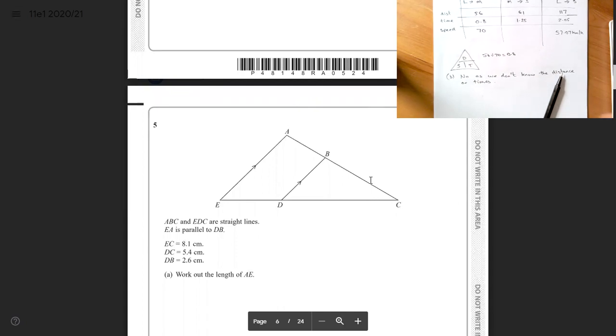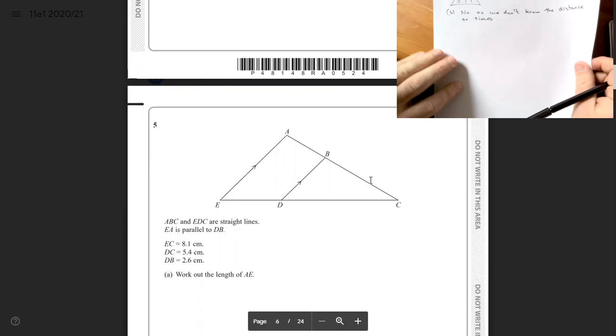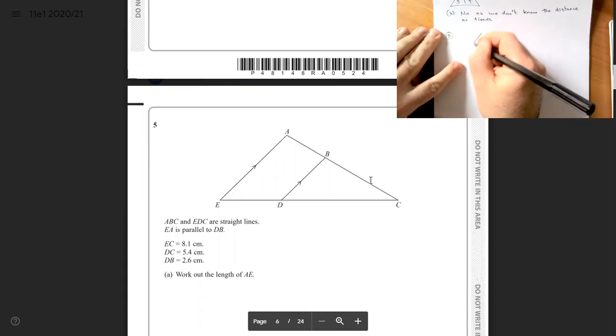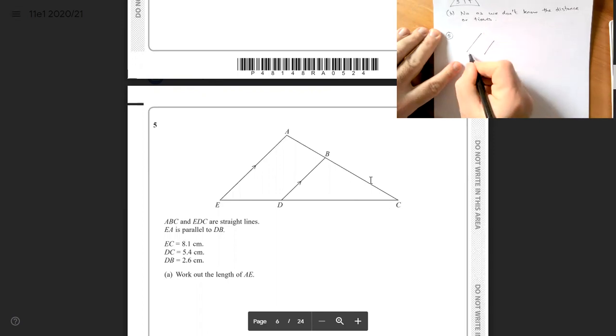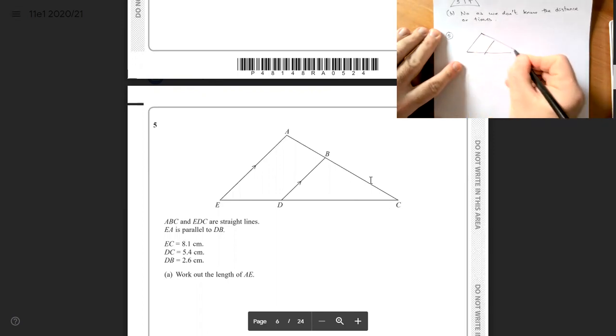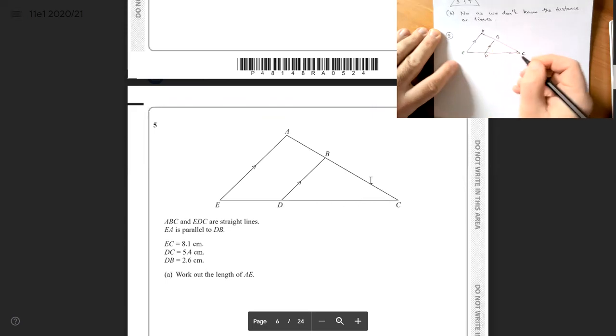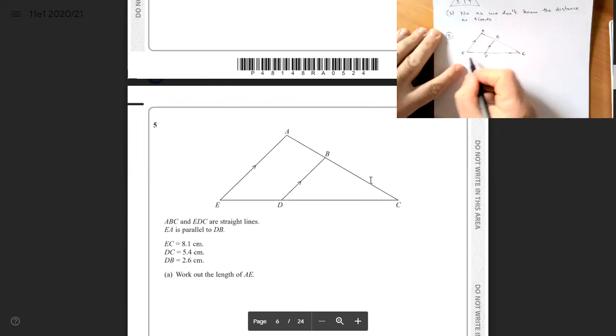Okay, so question 5. AE, BD and C are parallel. We know that EC is 8.1.